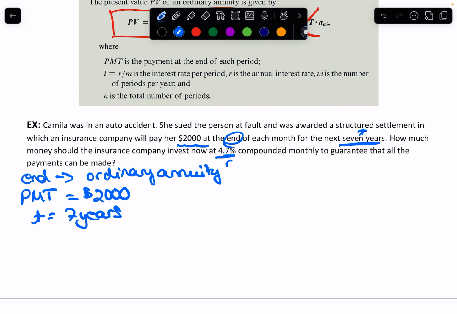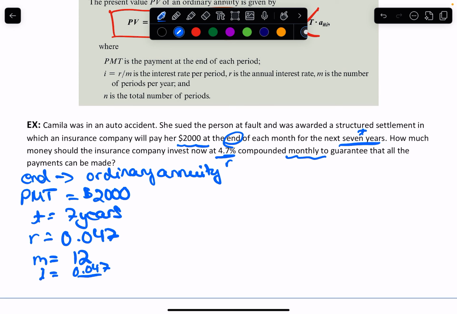The rate is 4.7%, so that is 0.047. Compounded monthly, so M equals 12. Now I will be 0.047 divided by 12, which is 0.00391667. And N is 12 times 7, which is 84.